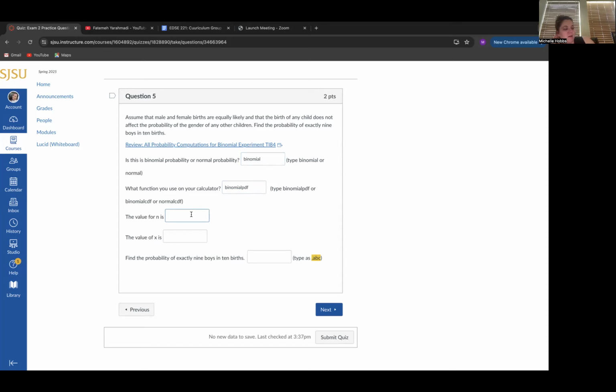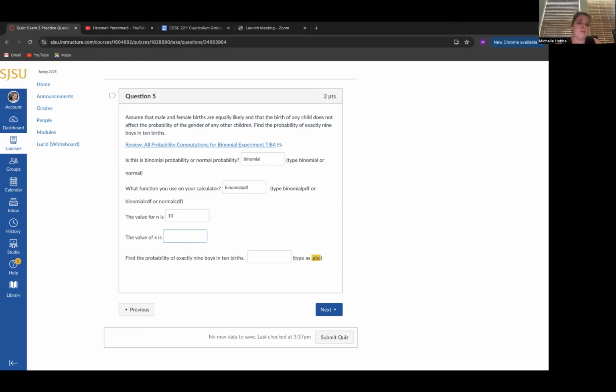And then N would be the number of the trials. So, exactly 9 boys in 10 births. The N is the number of trials, so it's going to be 10 because there are 10 births.